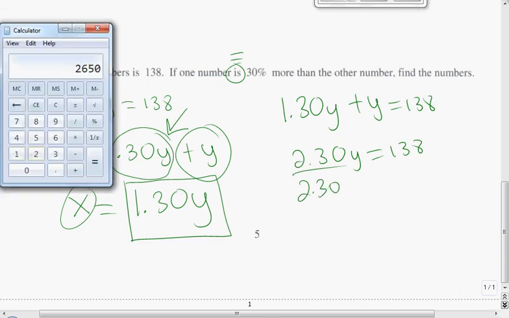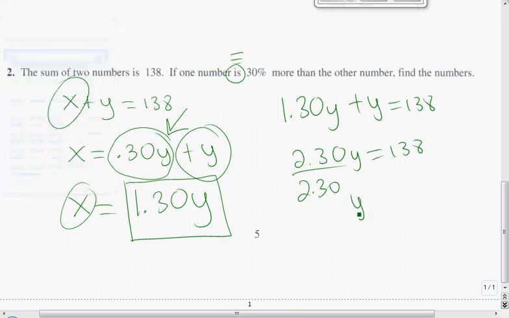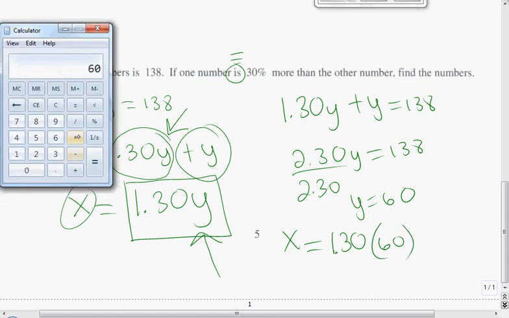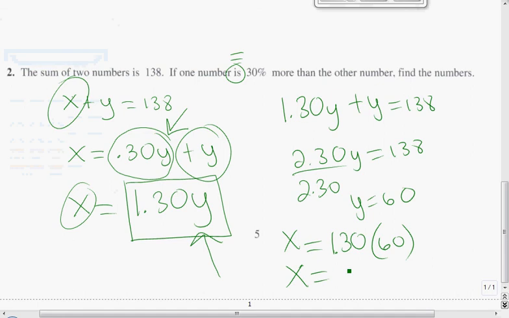So 138 divided by 2.30 equals 60. So y equals 60. And we plug y in here to figure out what x is. So x equals 1.30 times 60. Let's pull out our trusty calculator. 60 times 1.30 equals 78. So x equals 78. So we figured out that y is 60 and x equals 78.